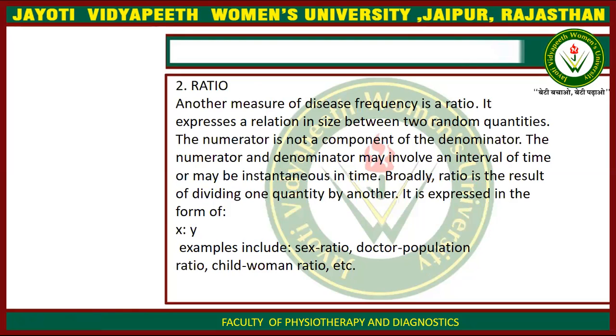The numerator and denominator may involve an interval of time or may be instantaneous in time. Broadly, the ratio is the result of dividing one quantity by another. It is expressed in the form of x is to y. Examples include sex ratio, doctor population ratio, child woman ratio, etc.